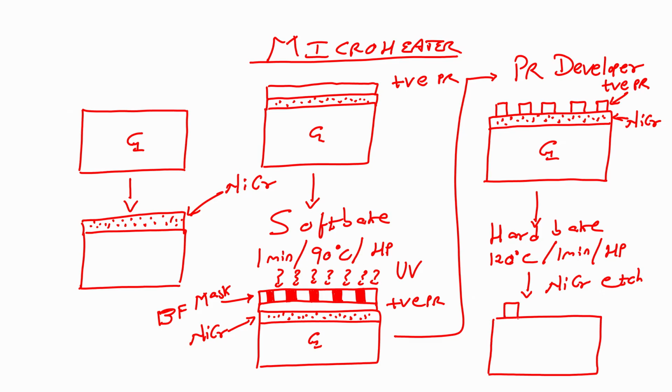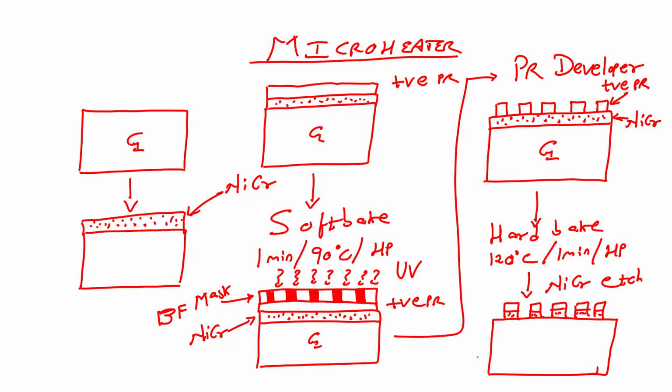I will have nichrome only in the area which was protected by the photoresist. The remaining nichrome will get etched in the nichrome etchant. Wherever my photoresist was there, that photoresist would act as a mask and it will protect the nichrome below it. The remaining area, the nichrome will get etched.